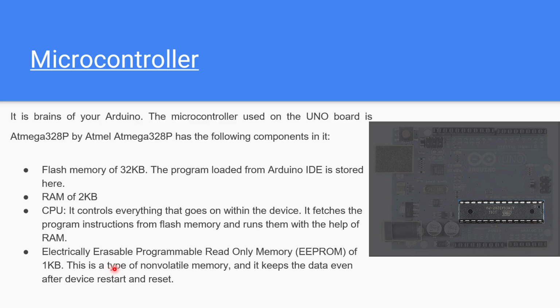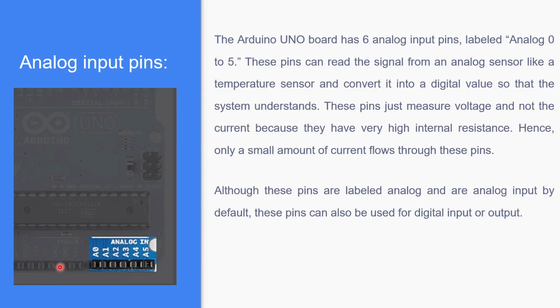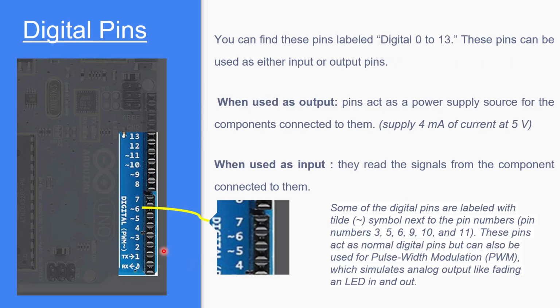Then you have EEPROM, which is basically 1 kilobyte of memory, which holds your program there. You have analog input pins. Uno has 6 analog input pins, basically 0 to 5. So you can connect any analog sensors to these pins.